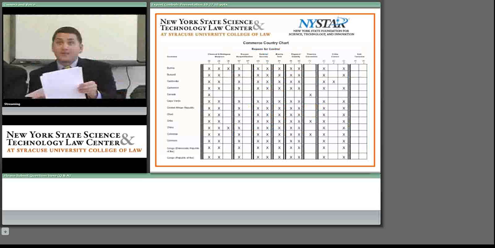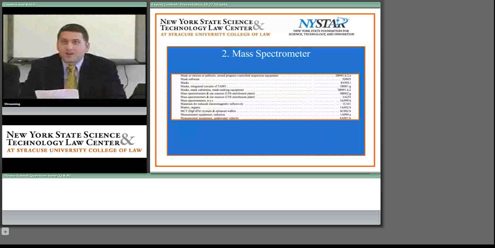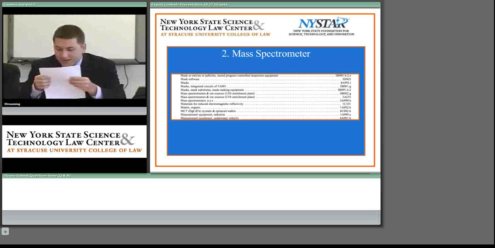All right, so another example is, say you're shipping a mass spectrometer to, I don't know, anywhere, any foreign destination. As Mr. Fuchsberg said earlier, the easiest way to do it is to look at the alphabetical list. So here we would go through the alphabetical list and look under section M and find mass spectrometer right there, and get its ECCN number.